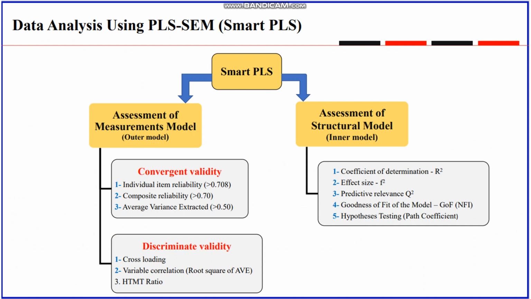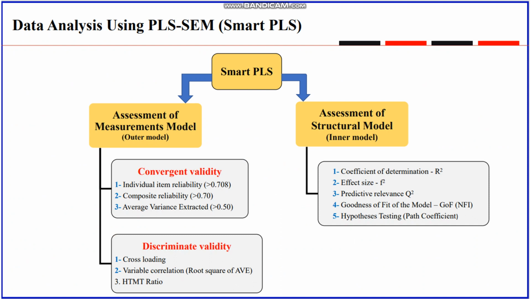So these are all threshold values, and whatever value we generate should be greater than these threshold values, and then we can say that our model fulfills the requirement of convergent validity, and further we can go for the measurement of discriminant validity. So convergent validity is at the individual item level and construct level, and discriminant validity is between the two constructs. So I will demonstrate using the next PPT and also using the software.